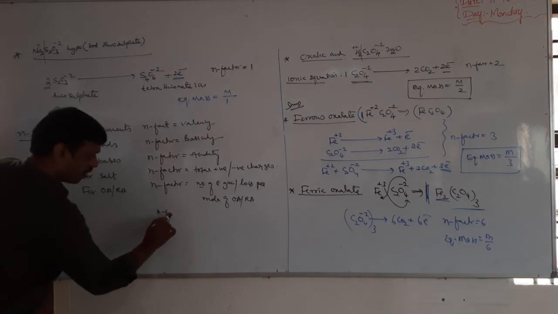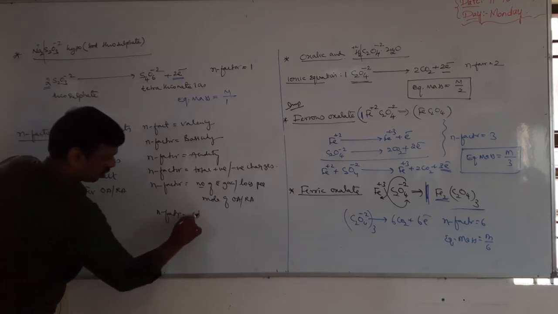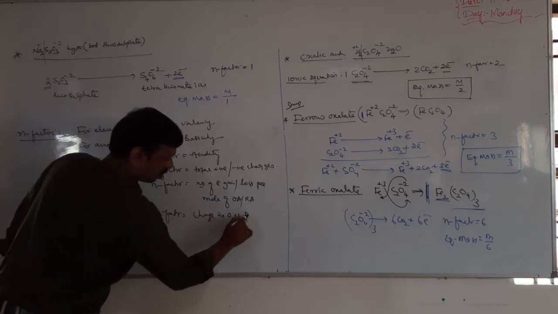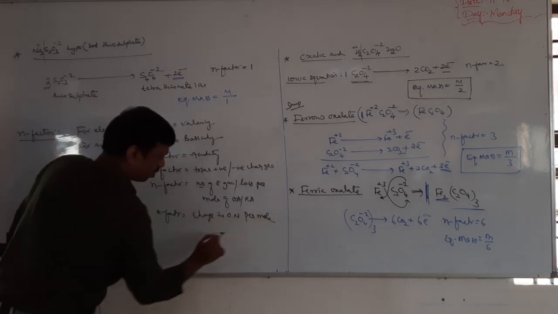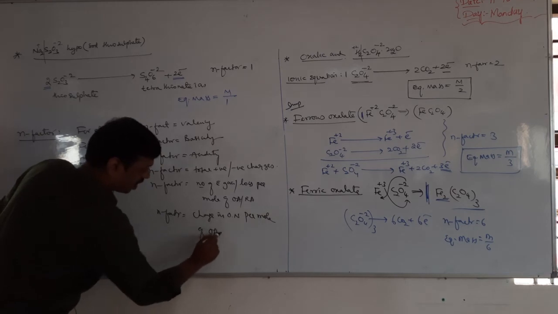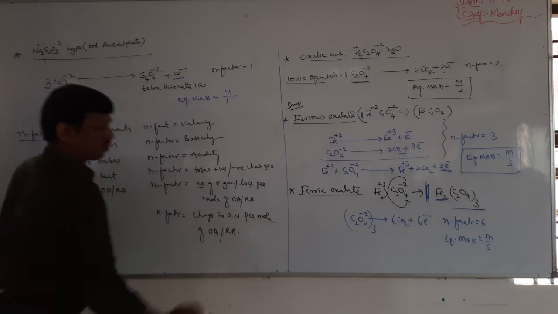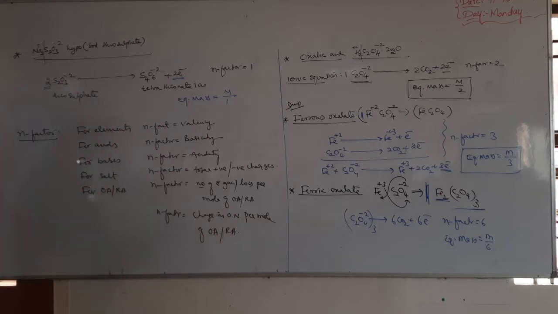Overall, n factor equals the change in oxidation number per mole of oxidizing or reducing agent. That is n factor, so n factor can be taken commonly.